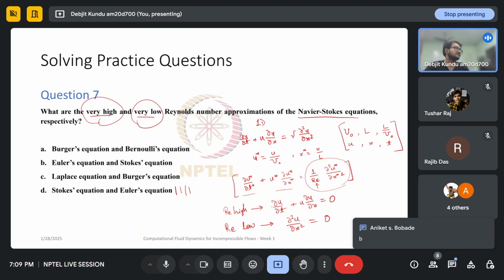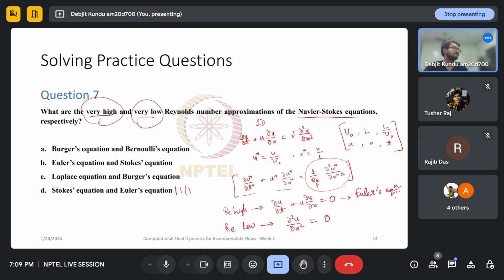So this very high Reynolds number approximation, this equation is known as Euler's equation. Euler, in the 1600s, if I'm not wrong, 1600s or 1700s, came up with this equation, which is applicable for low viscous flows.